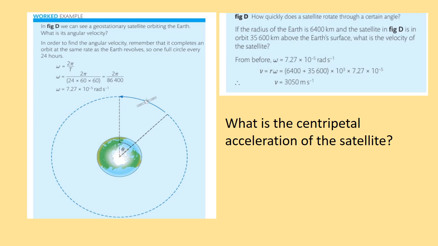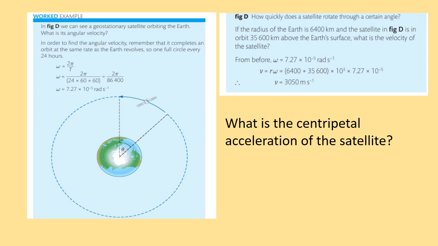Now, how quickly does the satellite rotate through this certain angle? So now we're calculating the instantaneous velocity. The radius of the Earth is 6,400 kilometers, and the satellite is 35,600 kilometers above the Earth's surface. So now we do v equals r omega.